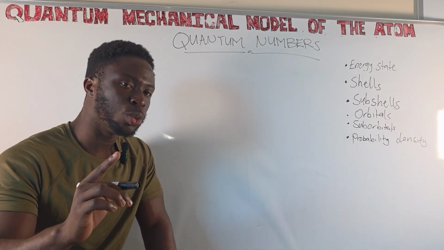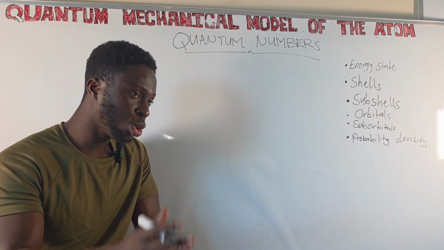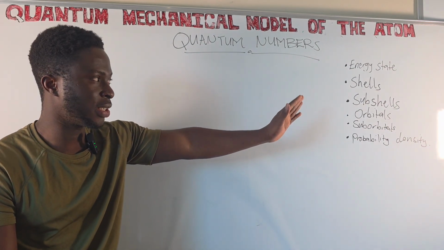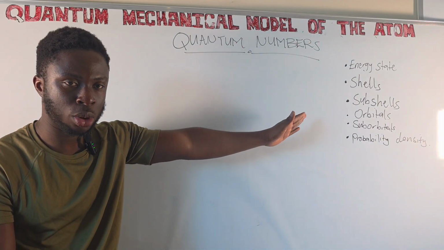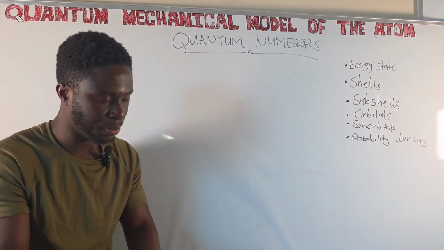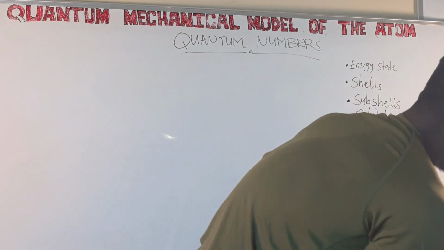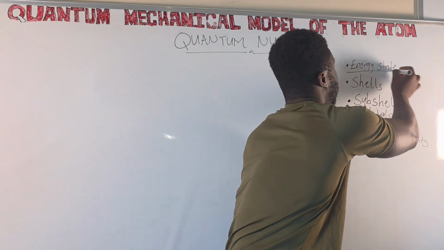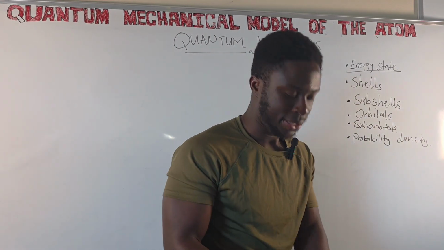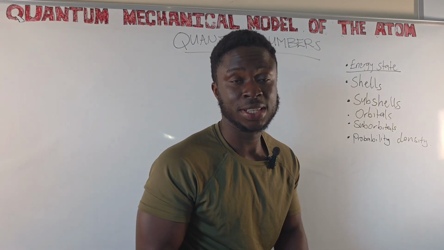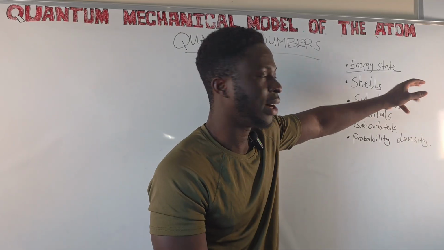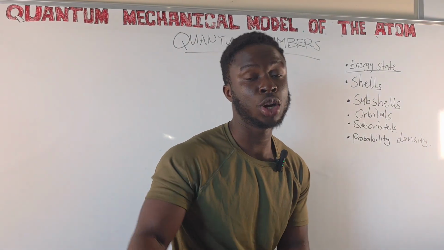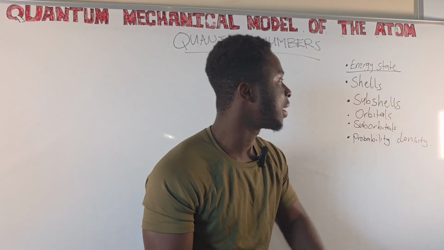But before we go into it, there are some things that I want to clarify. There are some keywords that I've written on this side of the board that I want to clarify before we jump into it. So I'm going to move here real quick. The first keyword is energy state. When we talk about energy state, we don't mean potential energy or kinetic energy in the sense of quantum mechanics, because that is what the MCAT tests, so that you do not confuse it for potential energy or kinetic energy.